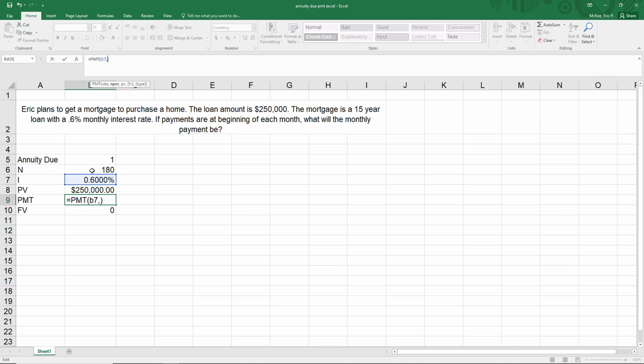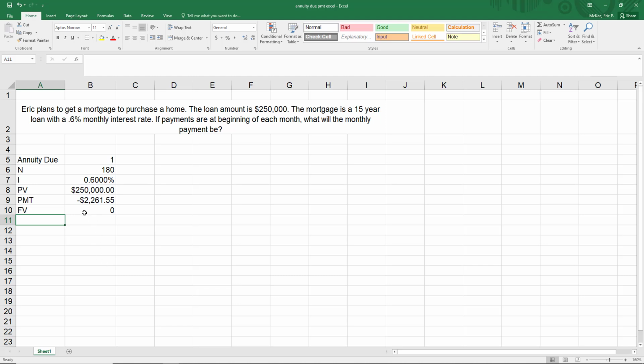Nper was B6. Present value was B8. Future value is B10. And the type, that was B5, the one next to annuity due. Hit enter, and I still see that exact same $2,260 as my payment for the annuity.